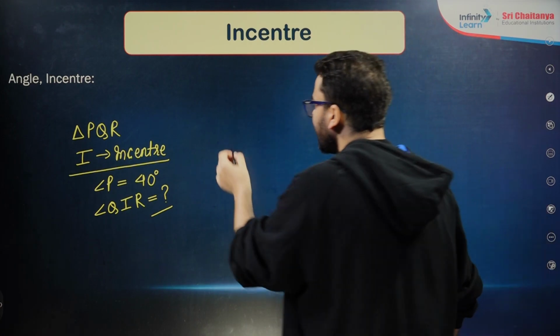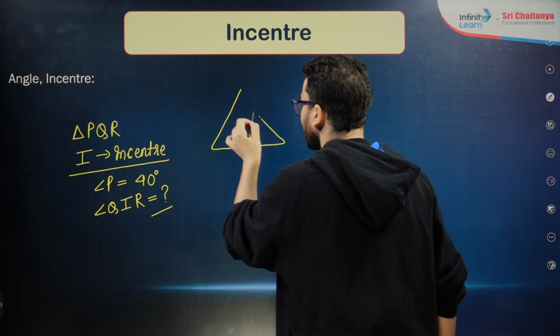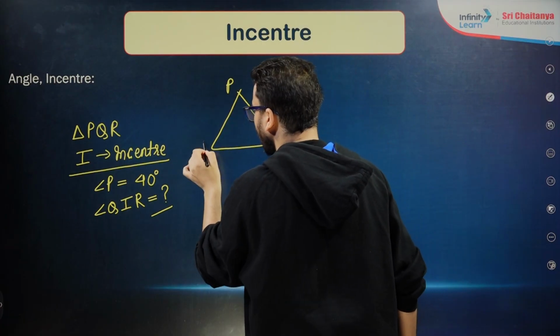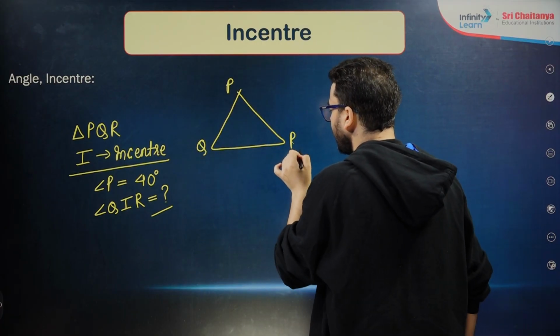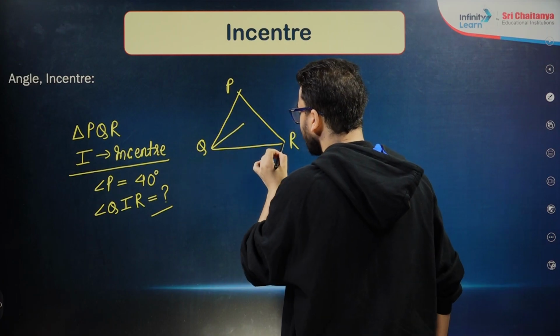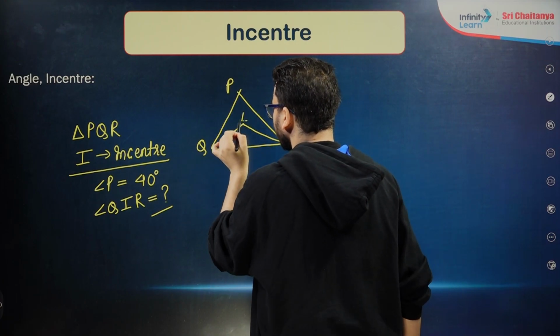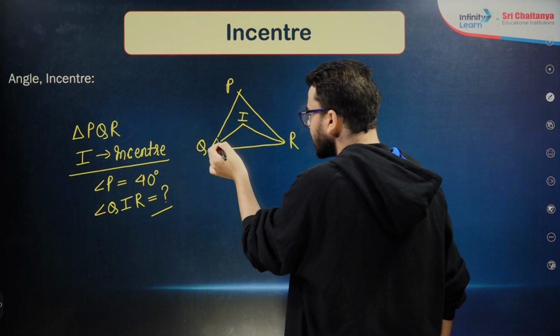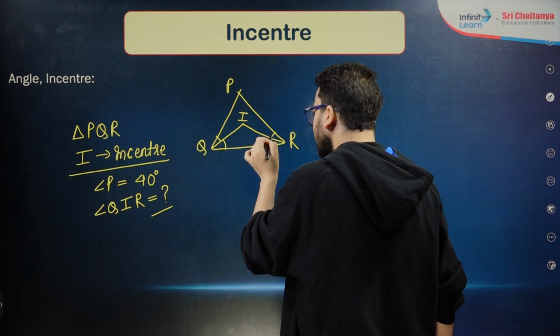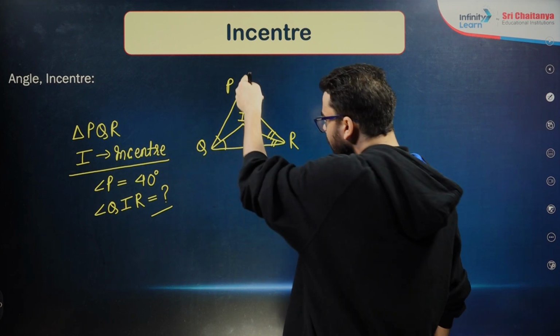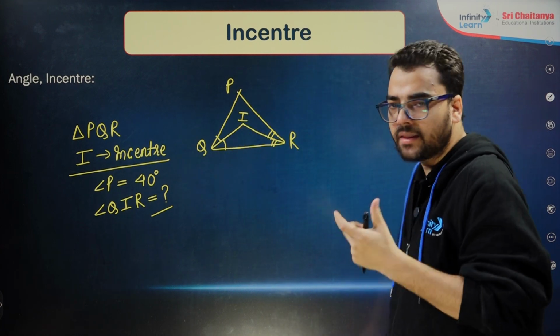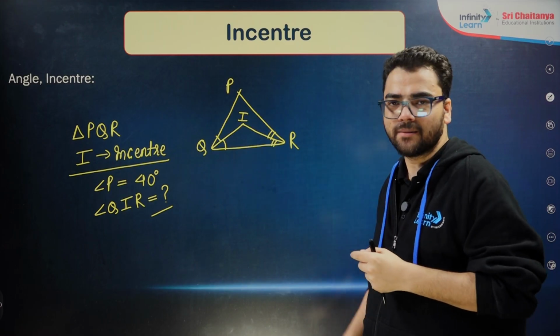So basically what they are saying is that you have been given a triangle like this, suppose PQR, where I is the incenter, like this. So even if you take the bisector of angle Q and the bisector of angle R, and you don't take the third bisector, then also this will be the incenter.